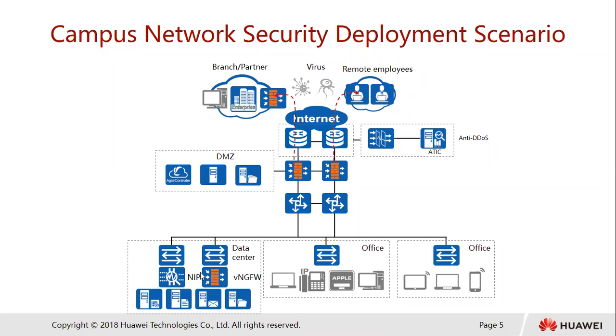So what this device does is to detect malicious traffic and then block it. Okay? So it is also a very, very important device to have when you are protecting your organizational network. And then you can see here, this is a virtual next generation firewall, right?